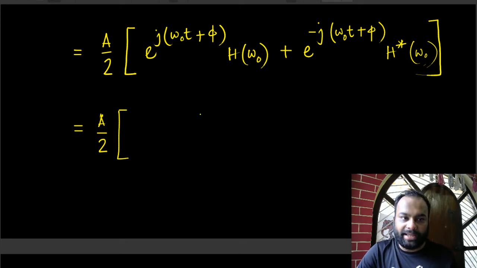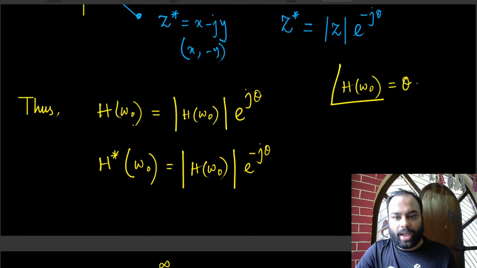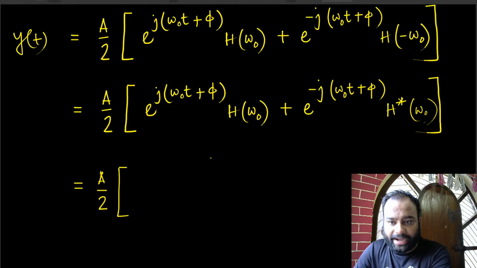H omega is again a complex number, so H omega naught is mod H omega naught e to the power j theta, where this is theta. Then H star omega naught is mod H omega naught e to the power minus j theta. That is what I'm writing here.